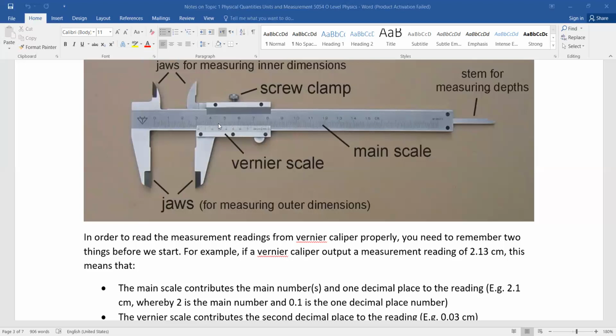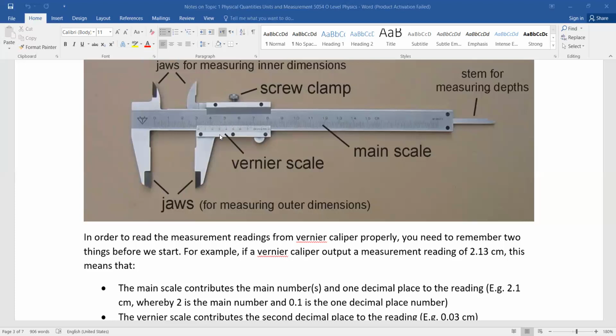Which number is matching with the upper? There are lots of lines above it, right? And also on the vernier scale, there are lines, right? So we have to check out the upper line and lower line where it meets, right? That one will be our vernier scale reading.